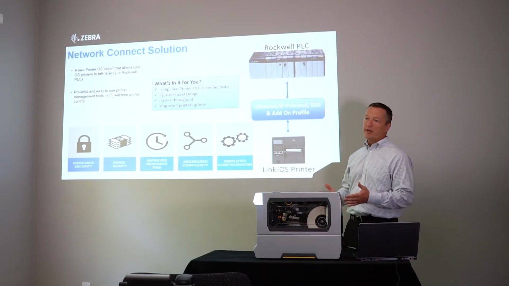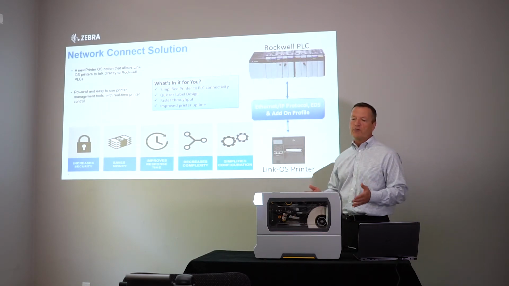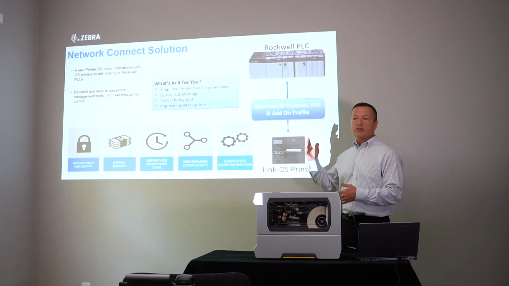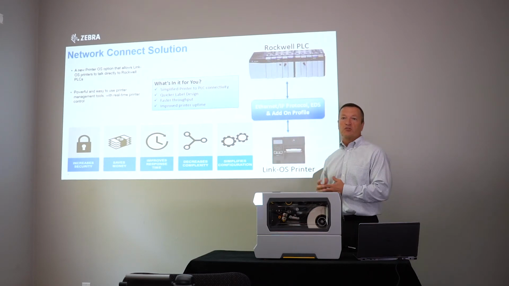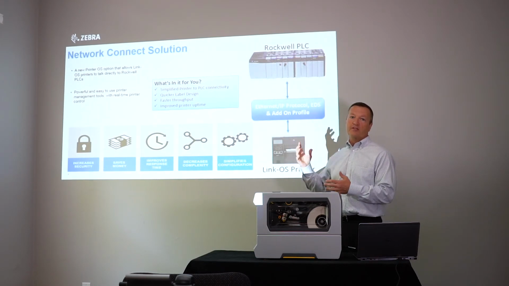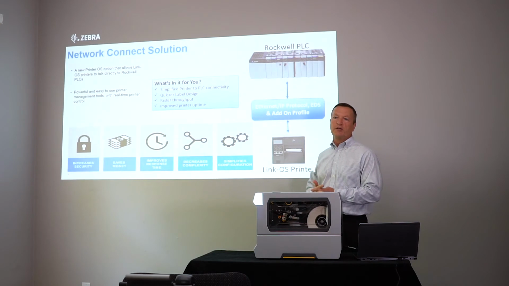With this Network Connect ability, you can connect the printer via Ethernet into the PLC, and you don't need any kind of translation tools or software. It's all done within the firmware. So this is something new that we've just recently announced or are about to announce. I did want to mention, though, that this is a restricted product, so you have to go through some extra certification to get access to it. But it's something we see a lot of interest in within the manufacturing space to connect directly to those PLCs.